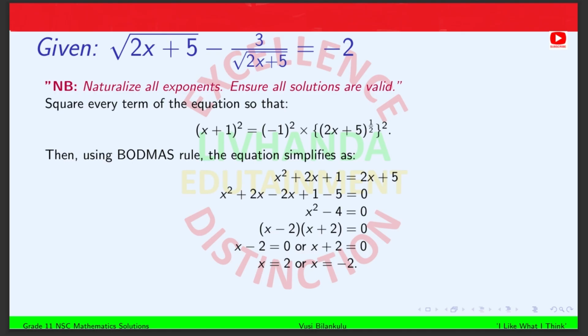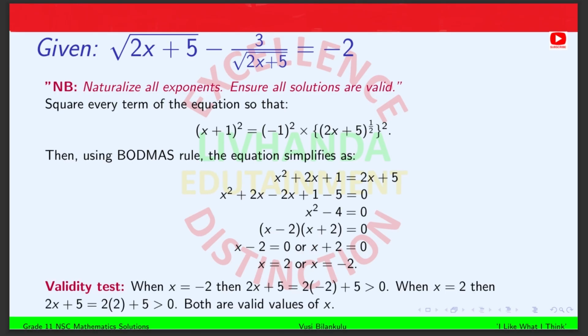Therefore, x equals positive 2 or x equals negative 2. Lastly, it is necessary to test if the square root function is valid, that is, if 2x plus 5 is positive. When x equals negative 2, then the test function is positive. When x equals positive 2, then the test function is also positive. Therefore, both values of x are valid.